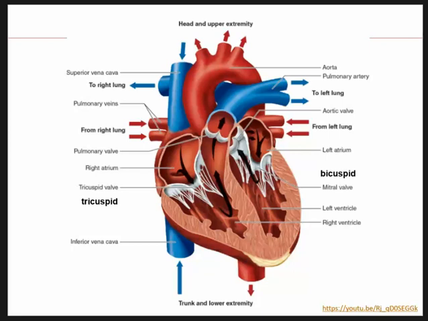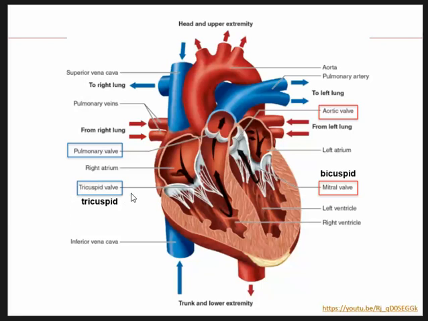This slide is to point the valves out for you. On the slide here, the 2 in blue are on the right side of the heart, versus over here we have the left side of the heart. Our pulmonary valve is this structure right here, and this valve allows blood to go to the right and to the left lung.